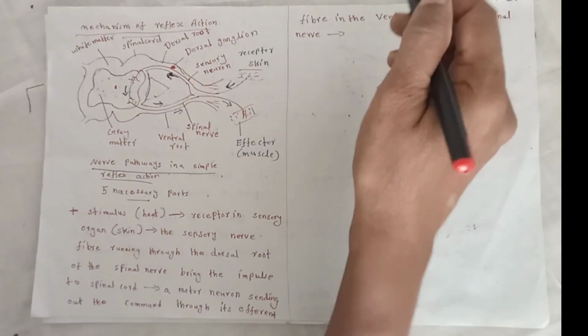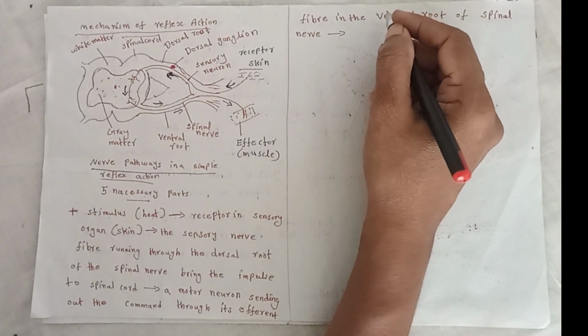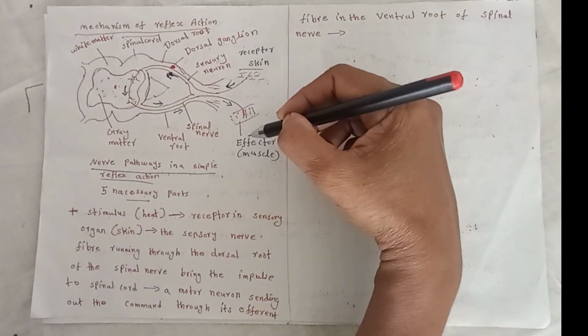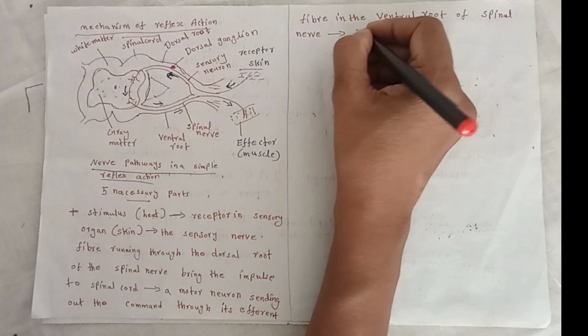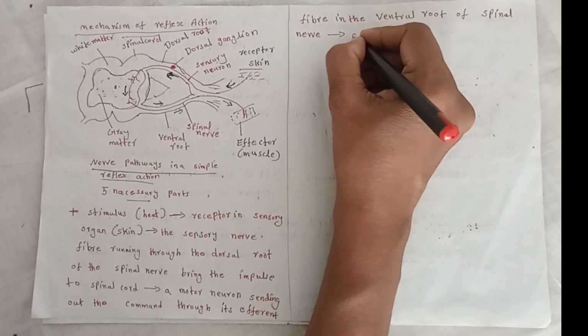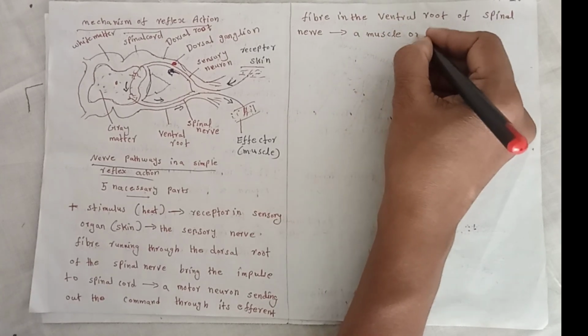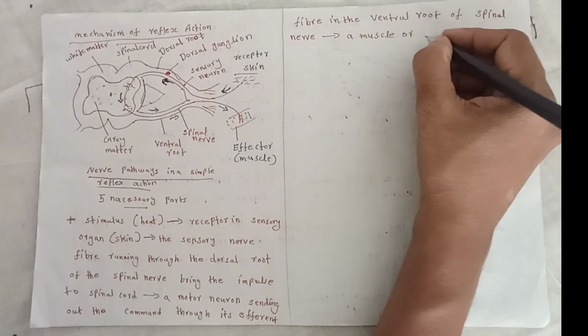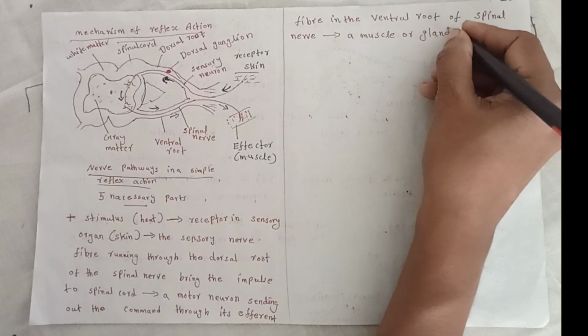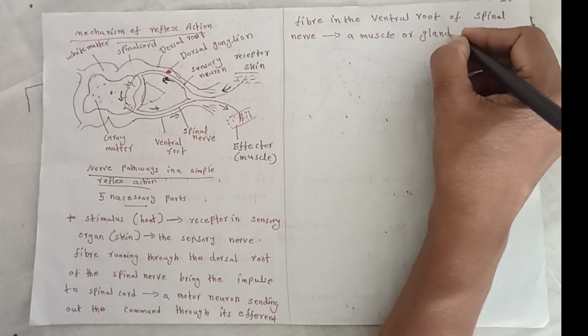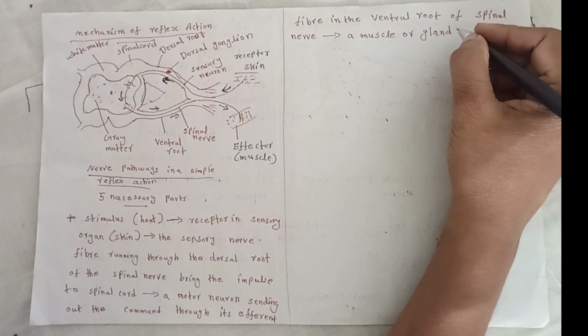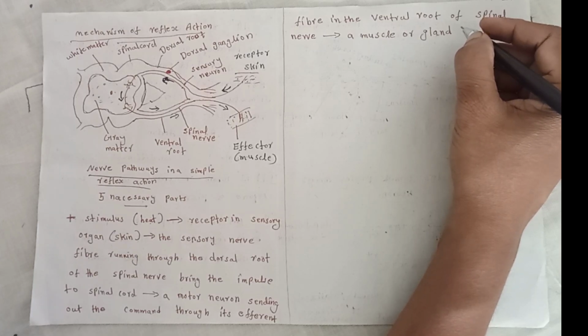Then this impulse passes to the muscle or the gland. Here the muscle. The muscle contracts, or in case of glands, they secrete.